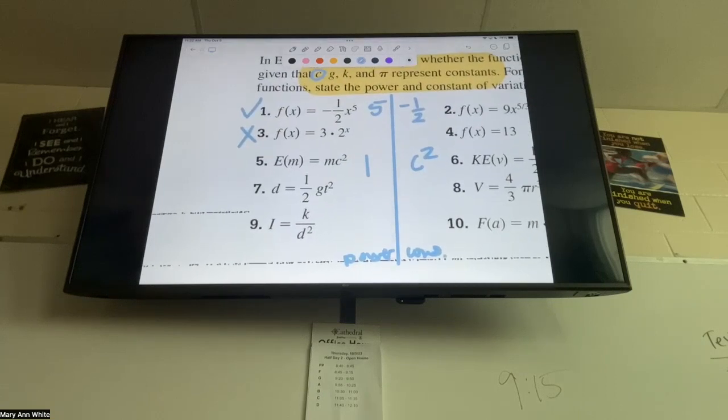All right, the next one says, oh, we did this already in the other class. That's okay. D equals 1/2 GT squared. Is this a power function first? Yes. What's my power here? It's T, so it's the 2, and then what's my constant? G, and then also bring that 1/2 as well.